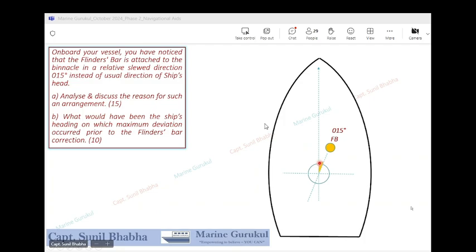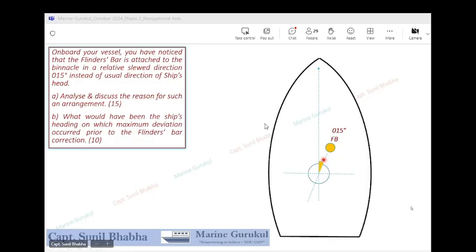You can see from the ship's head, if we go 15 degrees, the relative bearings are measured clockwise from the ship's head. So if you go to this 15 degrees direction, this is where the Flinders bar lies. You can see this yellow color Flinders bar shown in the diagram now.